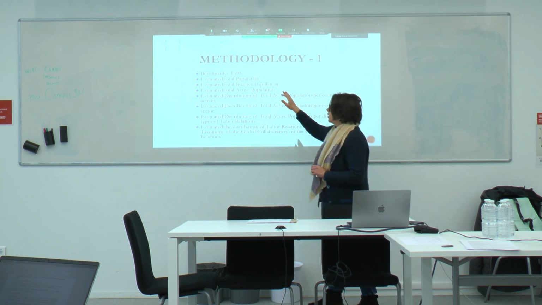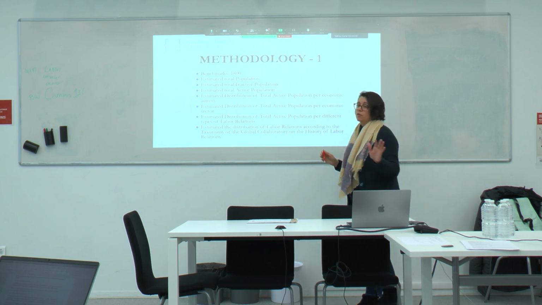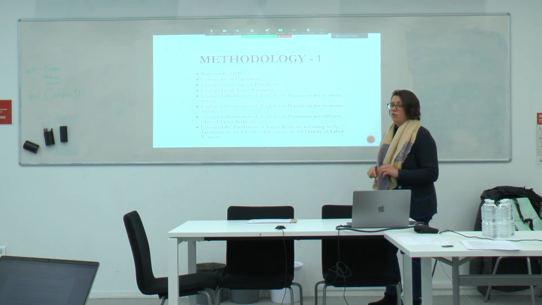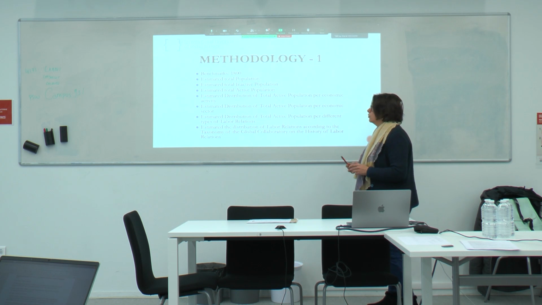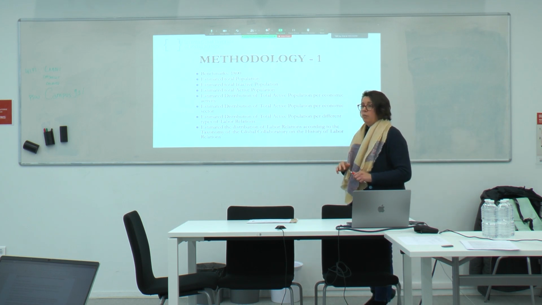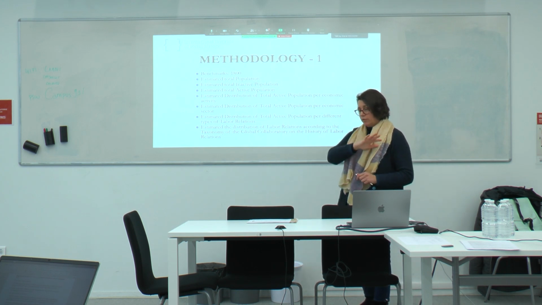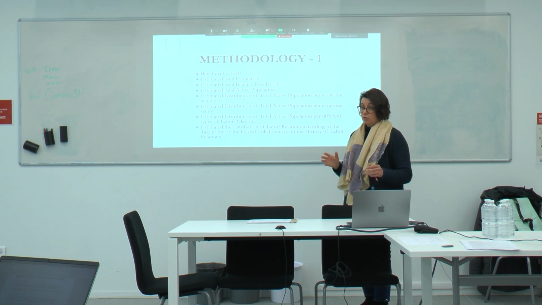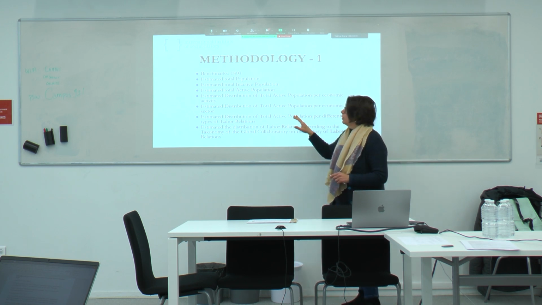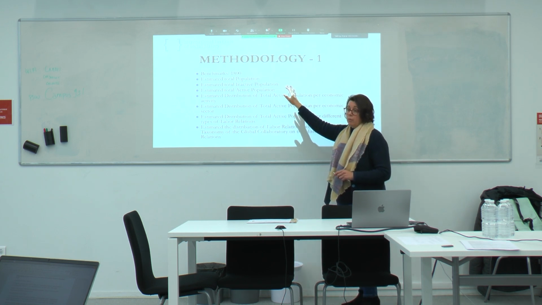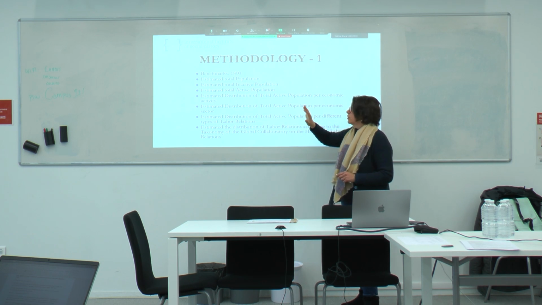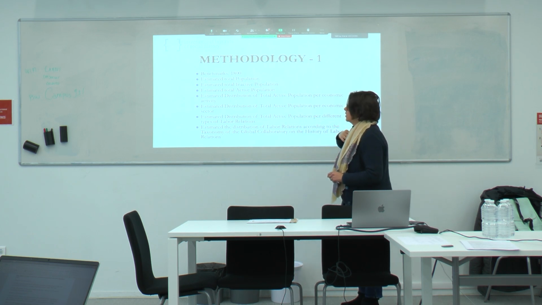So for the benchmark of 1800, there are no census, so no modern census. So what I had to do is, based on the population counts we have for the different cities that were controlled by the Portuguese and secondary literature, estimate what would be the total population of the region that was controlled by the Portuguese.